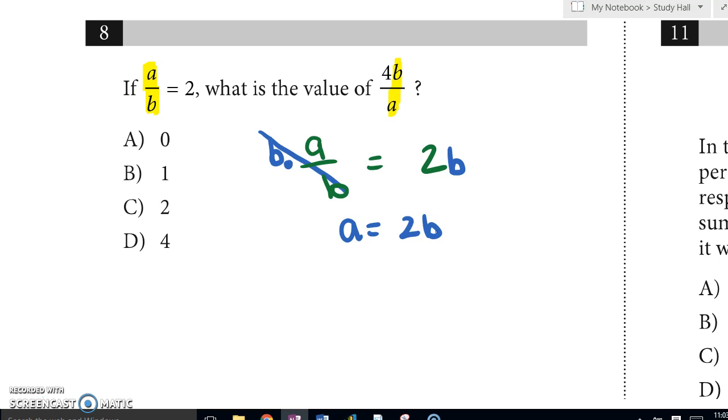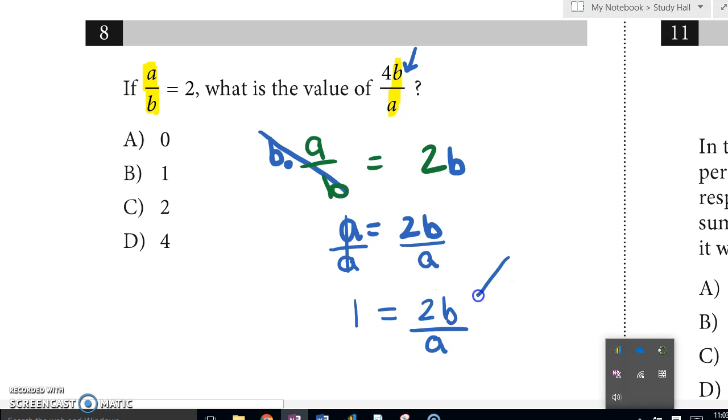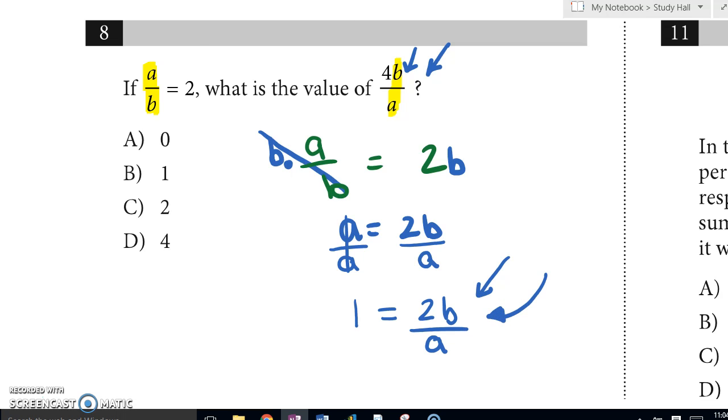Now, if I did want to get B over A, just like I see here, I'm going to divide by A here. And I get A over A is equal to 1 equals 2B over A. Well, if this is 2B over A and this is 4B over A, what did we multiply this guy by to get to 4B over A?